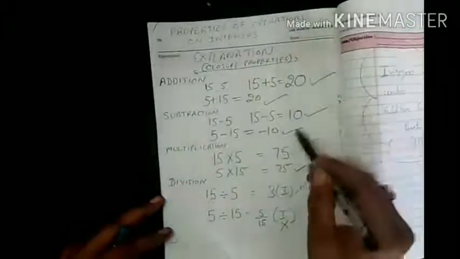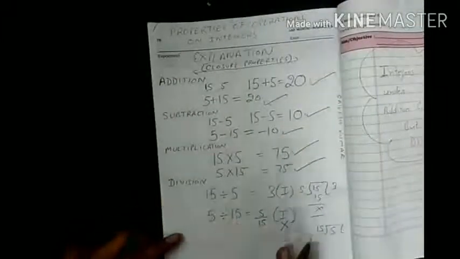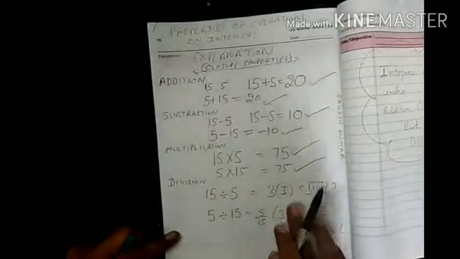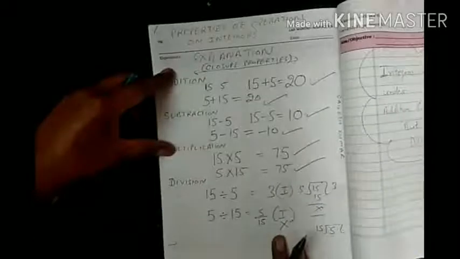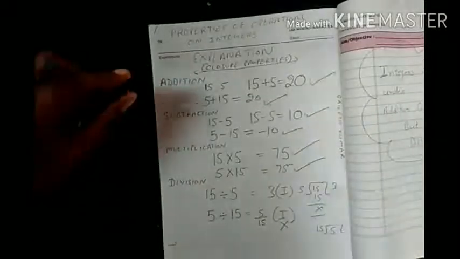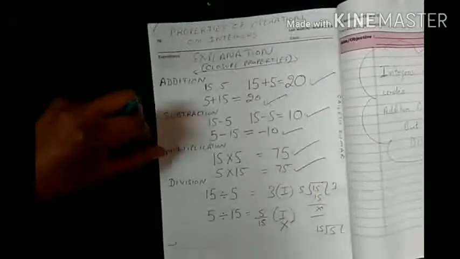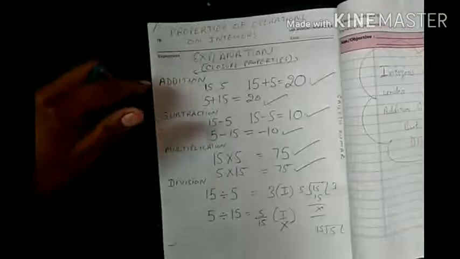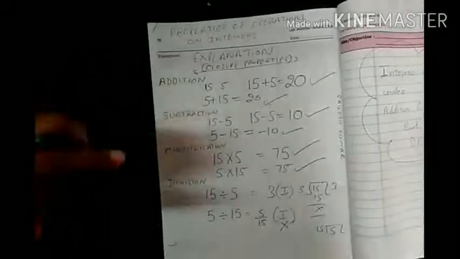So you can see that in addition, subtraction and multiplication, the same pattern is going on, but in the division case, this pattern is not as per the other three operations. Therefore, when we apply addition, subtraction or multiplication on any two integers, we get the answer in the family of integers.